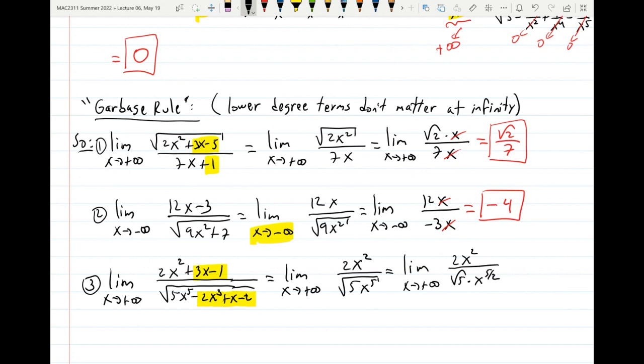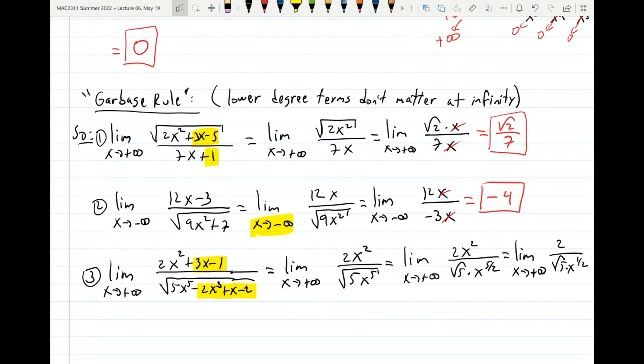And as you know, we simplify the x squared with the 5 over 2, but then a 1/2 remains in the bottom. So this one takes an extra step because of the simplifying process, times x to the 1/2. And when you take that limit, the bottom is infinity, so it gives us 0.